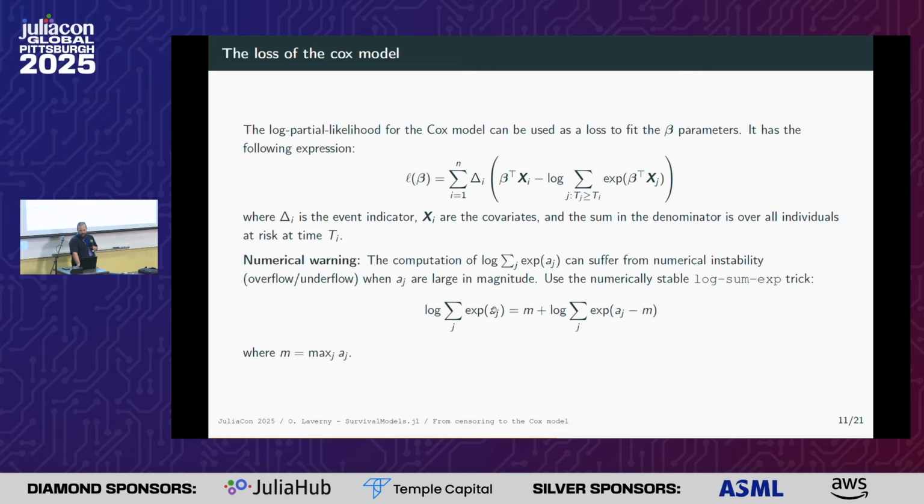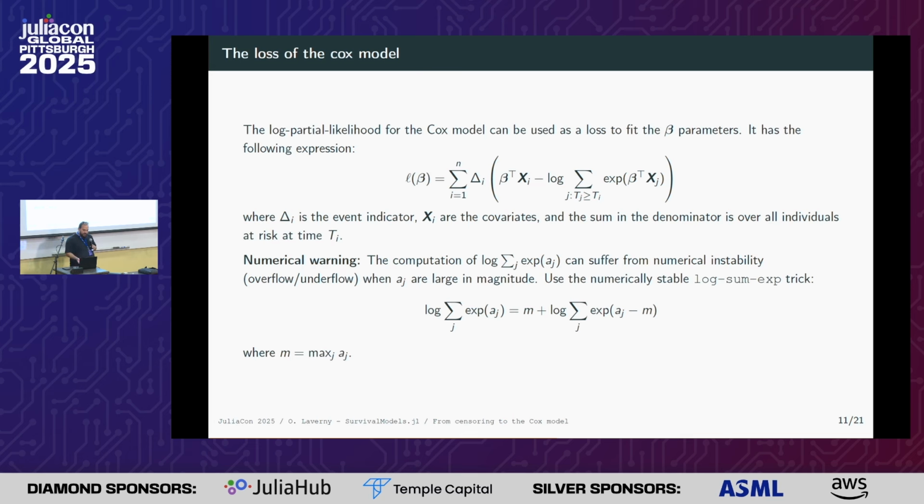Because here, if the a_j are large, the sum will not be very precise, and you'll get imprecisions. But here, the a_j minus the maximum, all of them will be negative, and so this exponential will be small, and this will be much more stable. In Julia there is a package called LogExpFunctions that does those kind of things for you if you want.